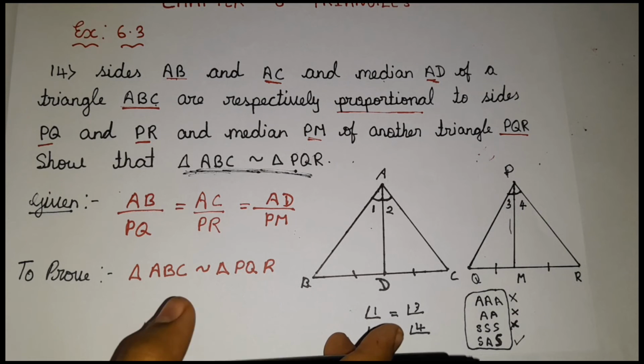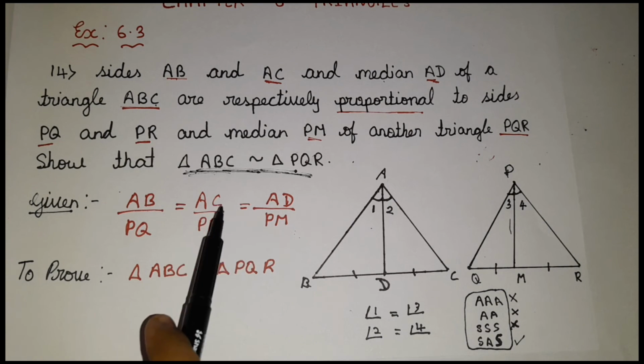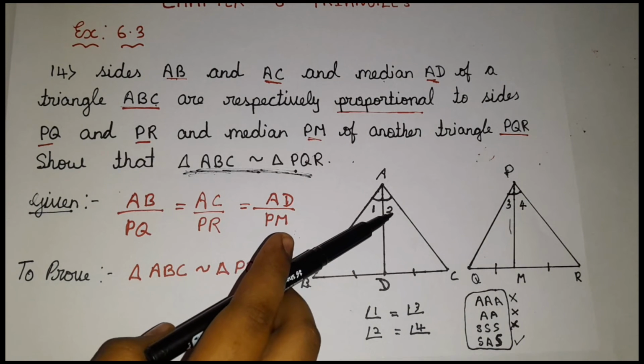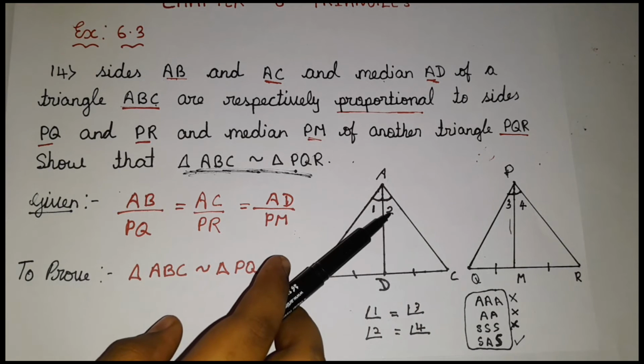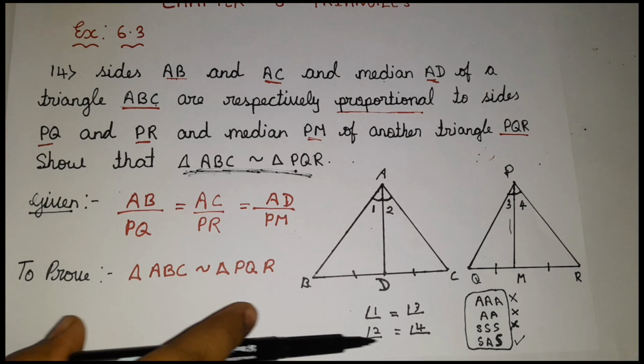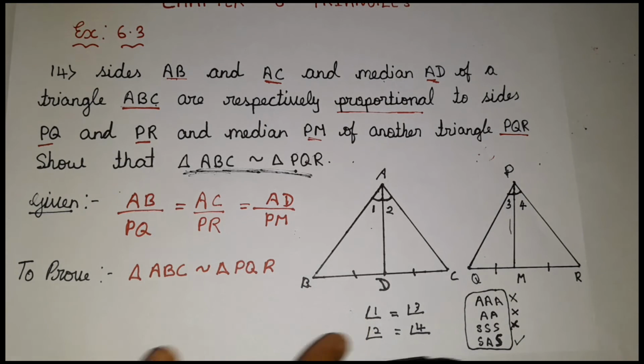For using this SAS criterion, I have the side information, but I don't have the angle information. So what if I say angle 2 is equal to angle 4? If I prove angle 2 is equal to angle 4, then I will be able to use the SAS criterion.